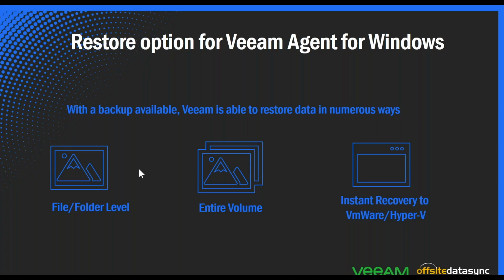And the last we can do is an instant recovery to VMware or Hyper-V. In our case today, we'll mostly be talking about VMware. But what this allows us to do is take these backups of physical machines, and in the same way that Veeam works, in the VMware context, it'll basically mount the backup location as a data store, and it'll actually spin up that backup data as a virtual machine.